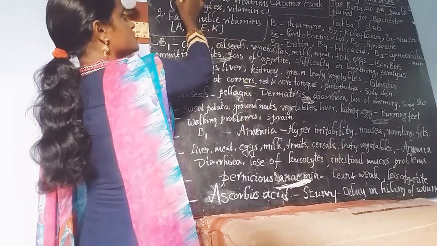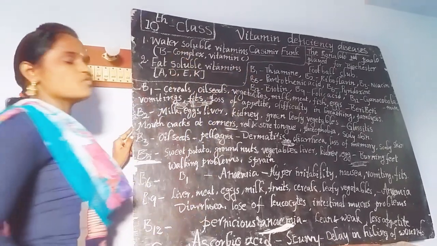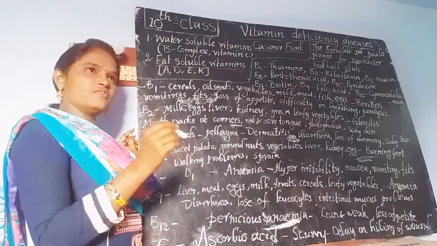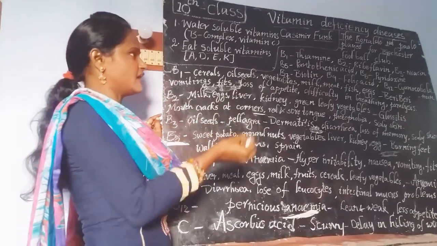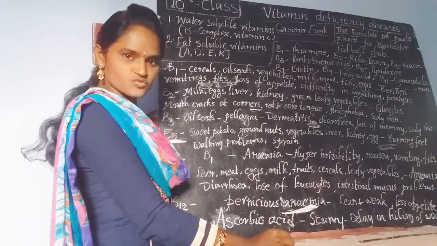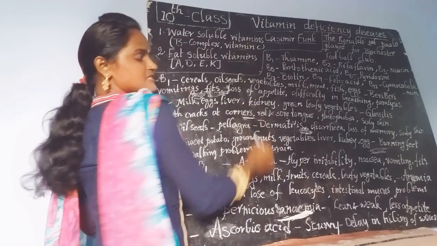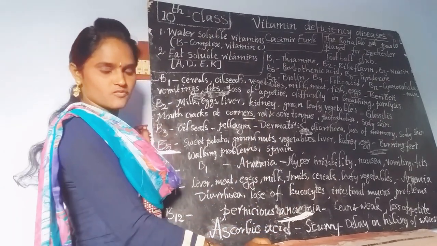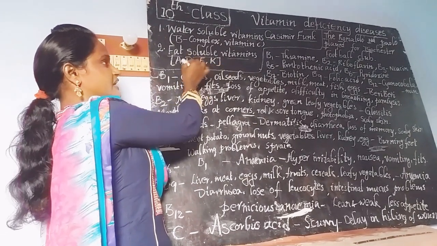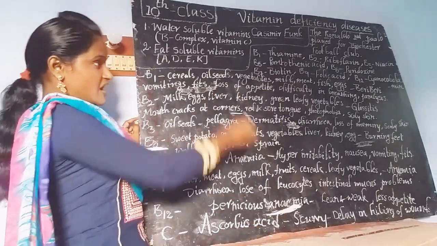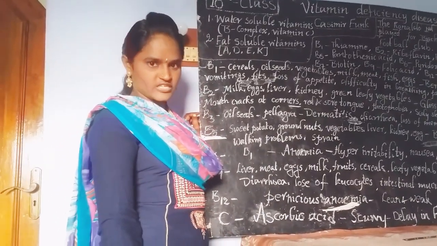If we have a deep discussion on water soluble vitamins, we have to discuss the B complex group of vitamins and vitamin C. If we talk about fat soluble vitamins, then we have to discuss vitamins A, D, E, K. A, D, E, K belong to fat soluble vitamins, and B complex and vitamin C belong to water soluble vitamins.